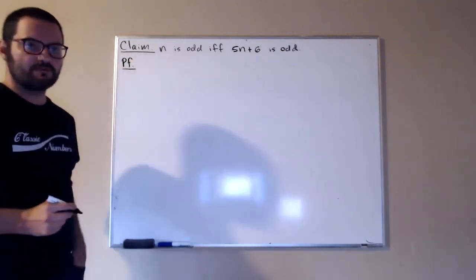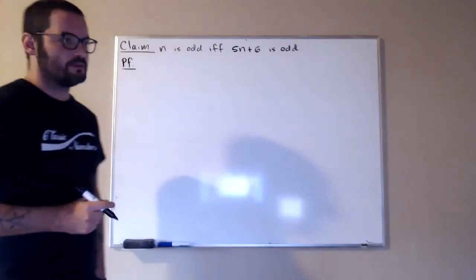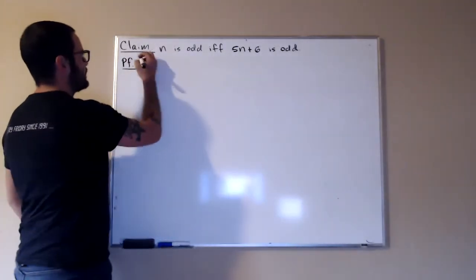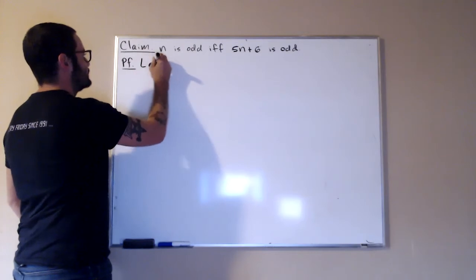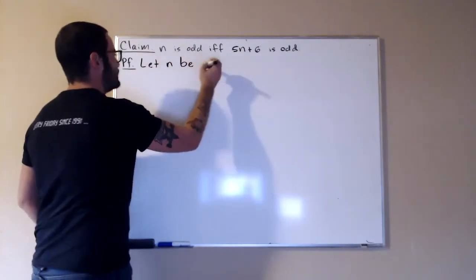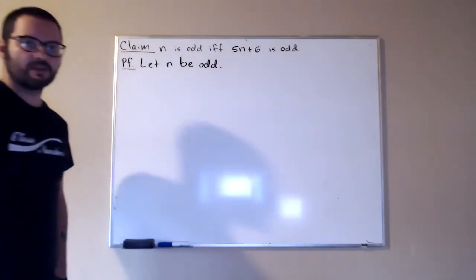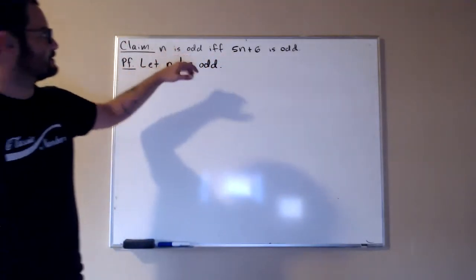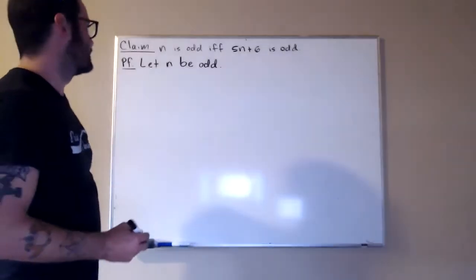So we're going to start off by assuming n is odd and showing 5n plus 6 is odd. So let n be odd. Okay, so we're assuming if n is odd, then we need to show 5n plus 6 is odd. So let n be odd.